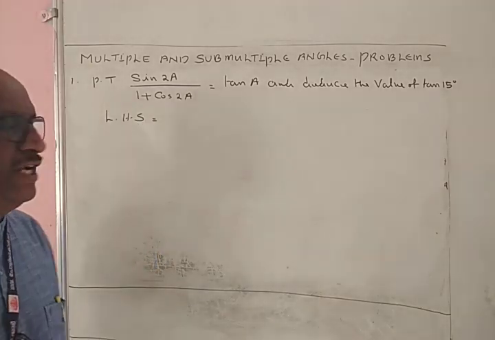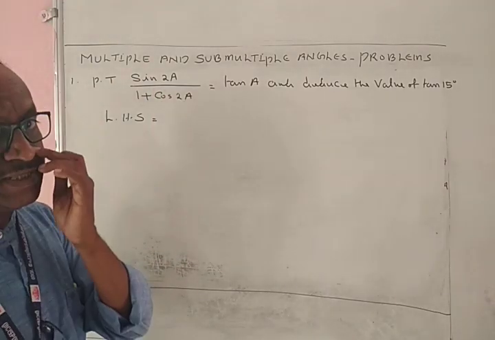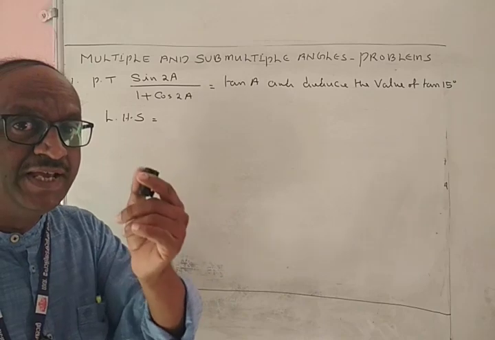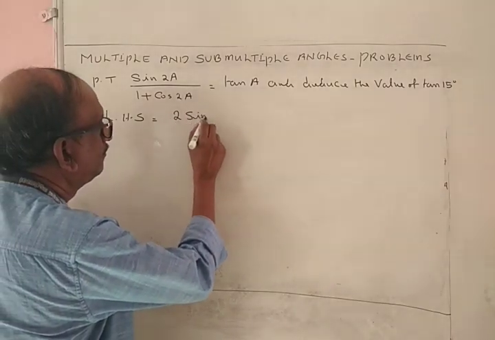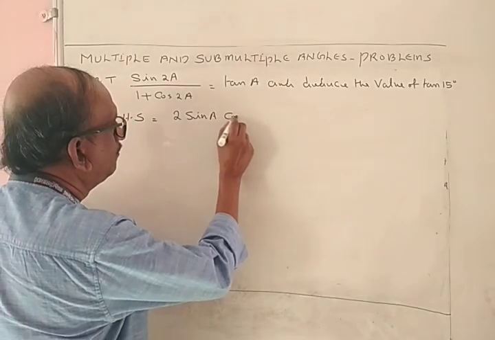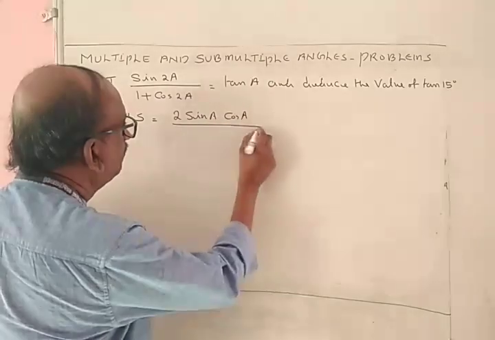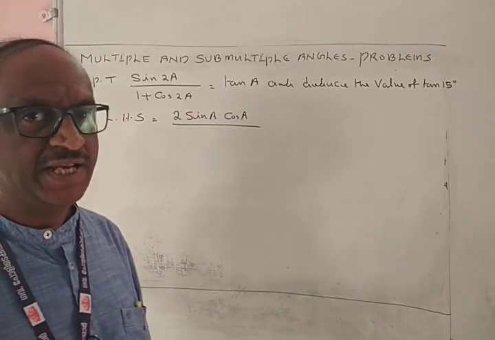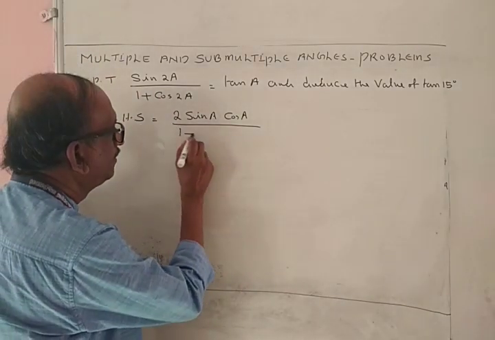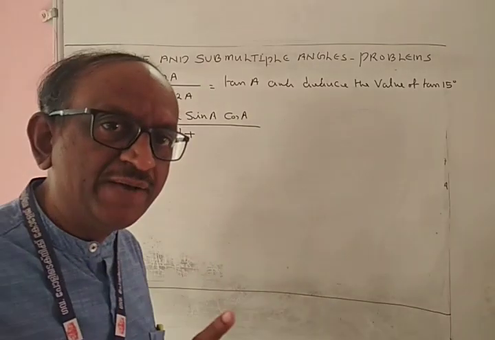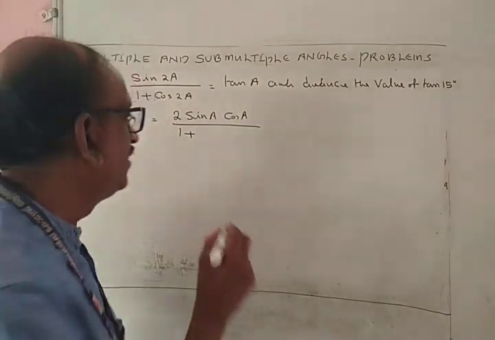Left hand side is equal to, replace sin 2a by 2 sin a cos a, then divided by 1 plus, replace cos 2a by 2 cos squared a minus 1.